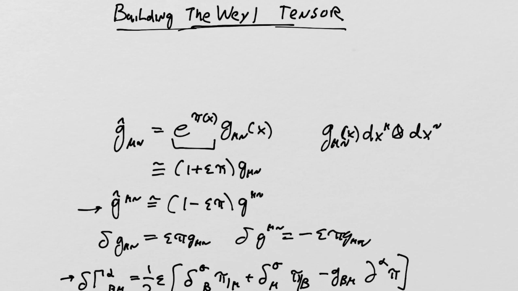All right, so we are going to continue with our lectures on building the Weyl tensor, and this is a difficult process. We have two choices when we talk about building the Weyl tensor.